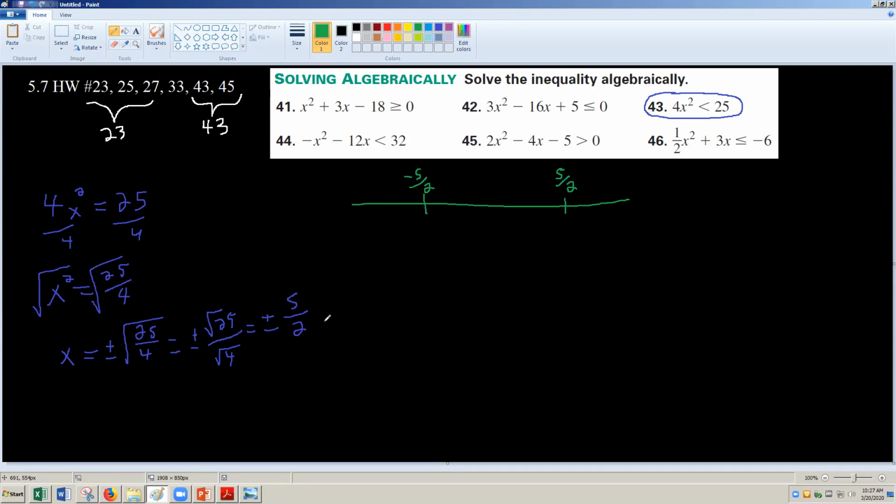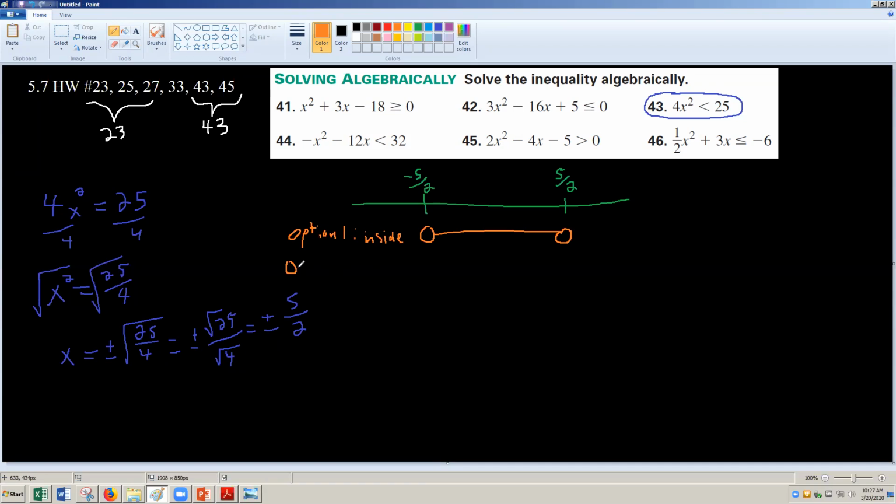Now, my inequality sign is going to determine whether I'm going to be within these points or outside of these points. It's only ever going to be one of two things. Option 1 is going to be inside, and it'll look like this. Because it's a strictly less than, I'm going to have open circle to open circle.